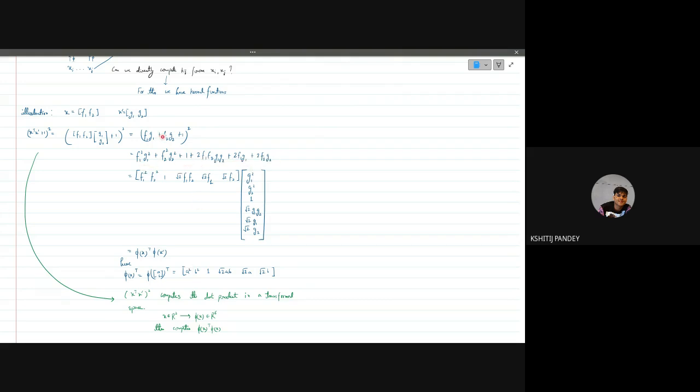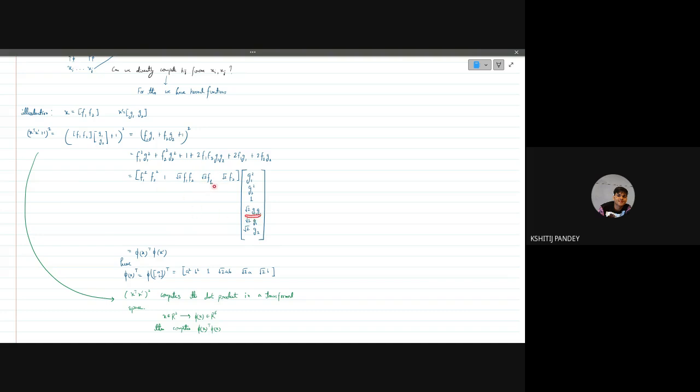After that, whatever value you get using the kernel function, try to split that into two vectors of the same form. By that, what I mean here, the first component is F1 square. Here you have G1 square. Here you have F2 square. Here you have G2 square. Here you have 1. Here you have 1. Here you have root of F1 F2, and here you have root of G1 G2.